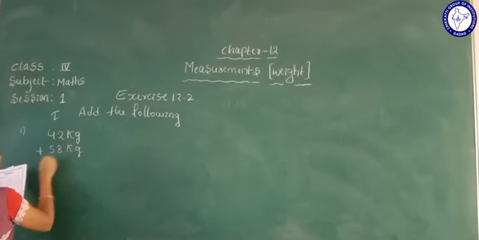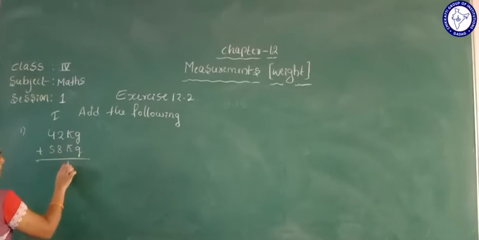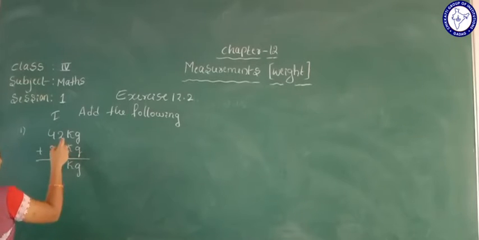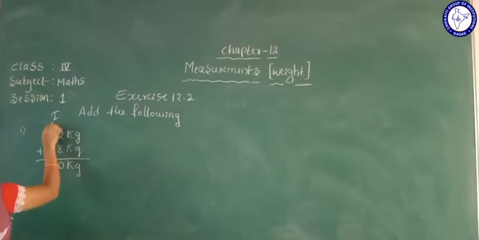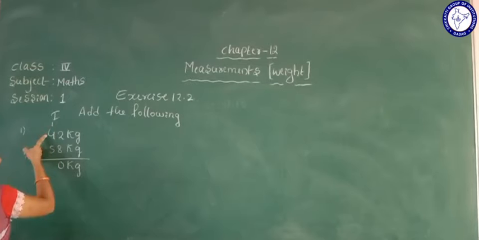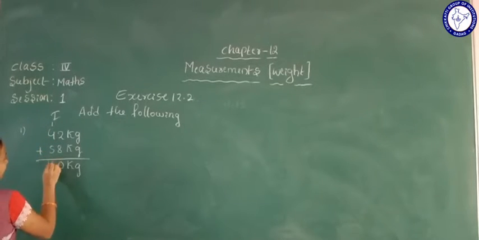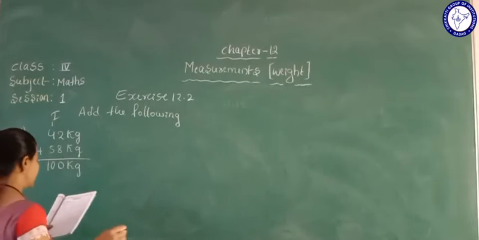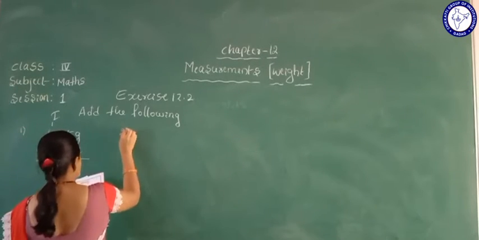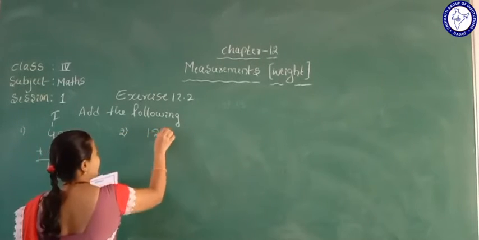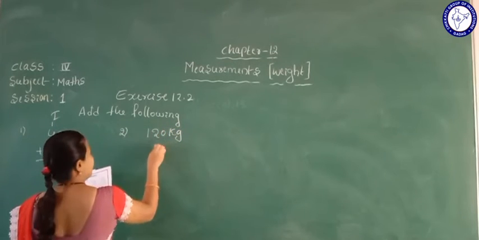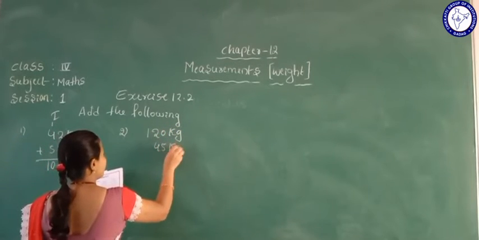We'll add now. Okay, this is addition. First I'll write kg under kg. 8 plus 2 is 10. Give a carry 1. 4 plus 1 plus 4 is 9. So it is 100 kg. Next one, that is the second one, 120 kg plus 45 kg.